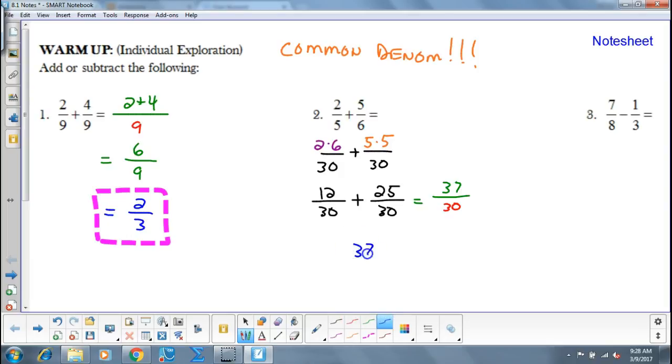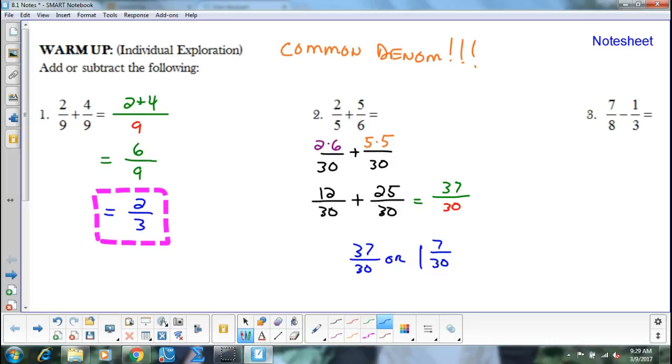Actually, I would prefer 37 over 30. Or if you're a mixed number kind of a person, you could also write it as 1 and 7/30. But math people prefer the improper fractions. So I prefer the 37 over 30 as opposed to the 1 and 7/30.